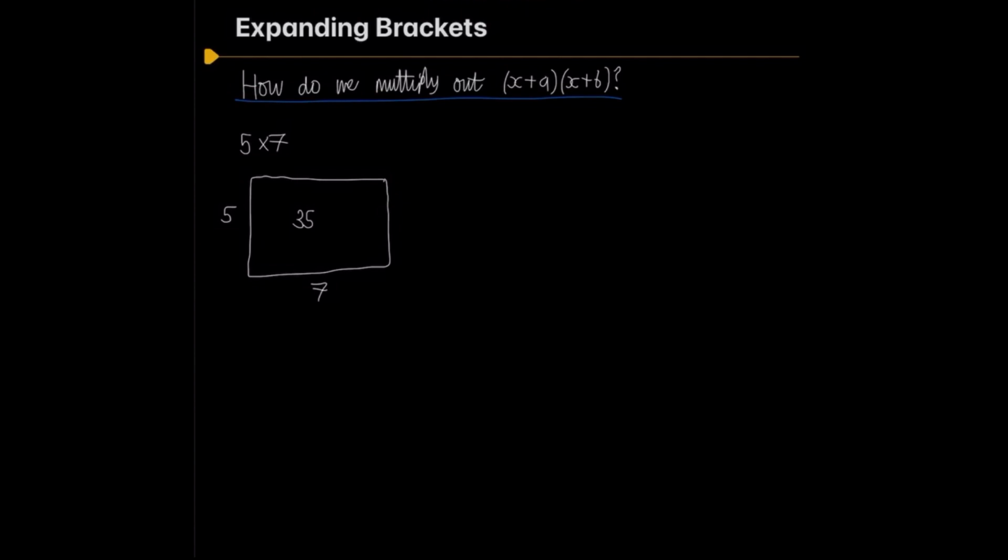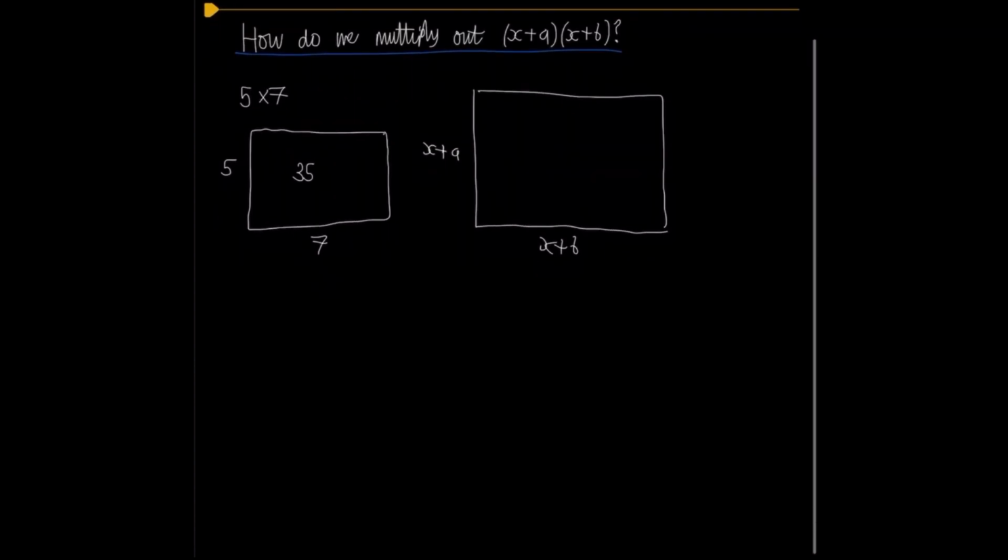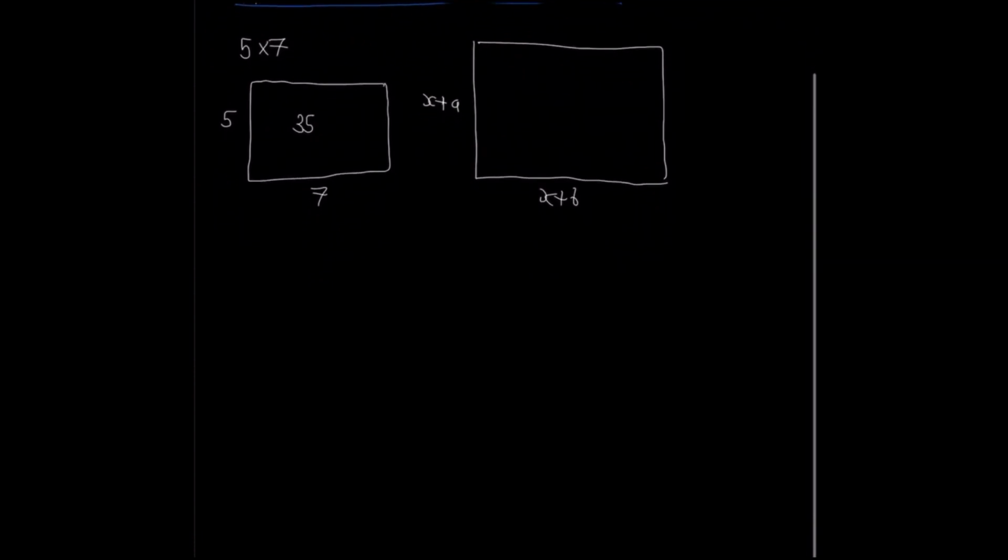So we can use a similar sort of intuition to see how we might approach the expansion of x plus a multiplied by x plus b. Namely by looking at a rectangle with dimensions x plus a and x plus b. Now we want to break this down into smaller rectangles of side lengths x and a, and x and b individually.